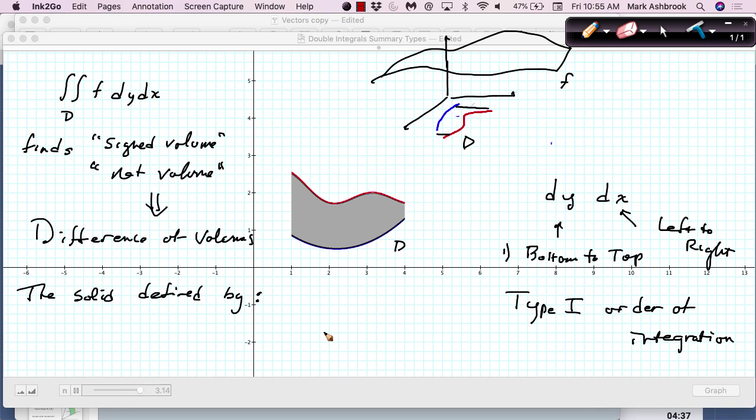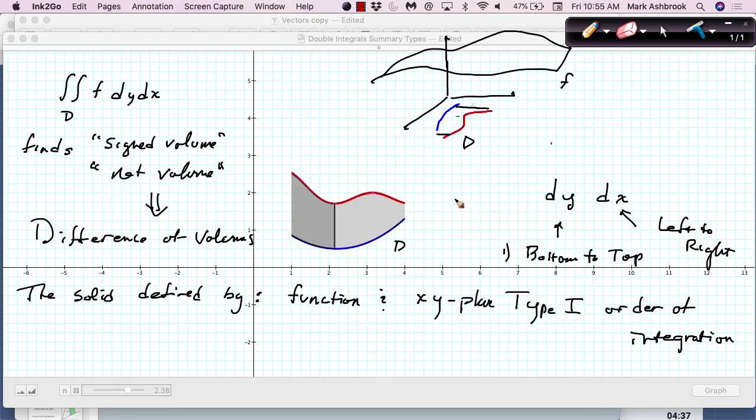What is defining the top and bottom of these solids? Function. What else? Anything else defining the top and or bottom? The xy plane, right? The function and the xy plane define the top and bottom of the solid, right?